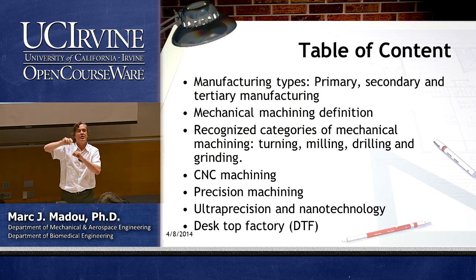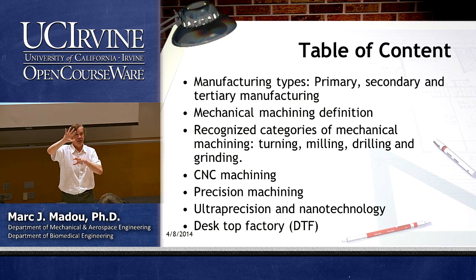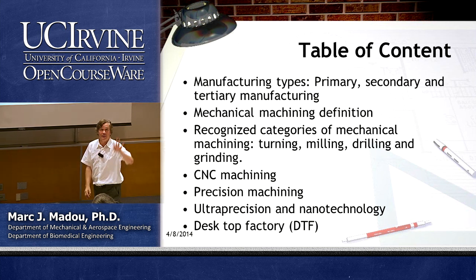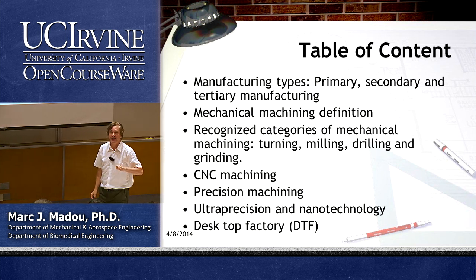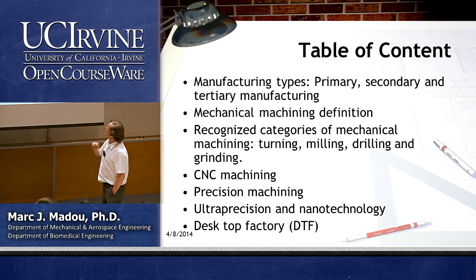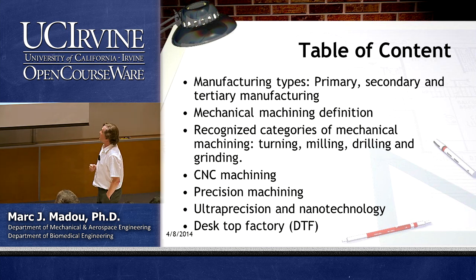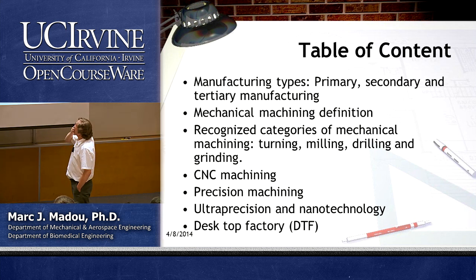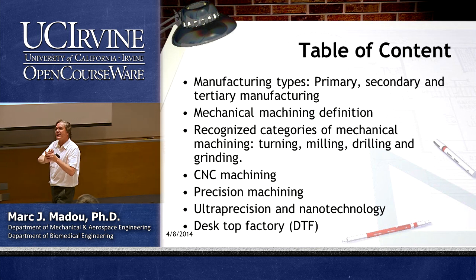Tertiary will be fine polishing, much more expensive than primary. So, fourth way of categorizing manufacturing processes in terms of primary, secondary, and tertiary. What that is, you'll see in a moment. We'll give a definition of mechanical machining, and then 4 recognized categories in mechanical machining.